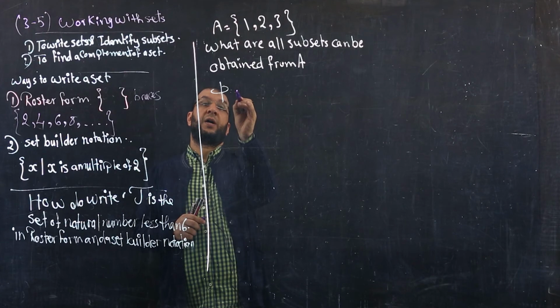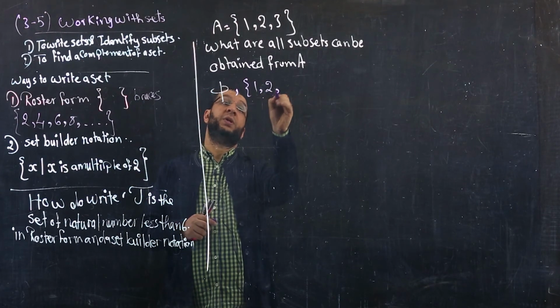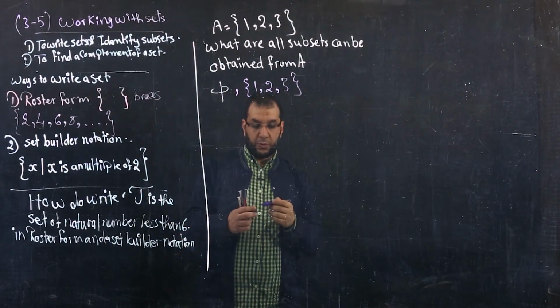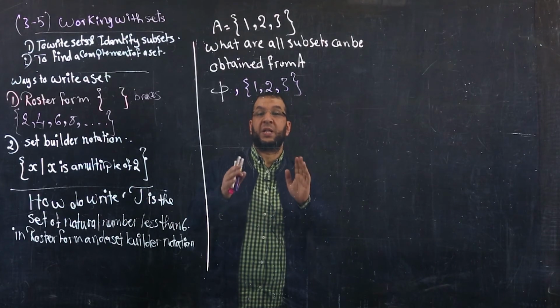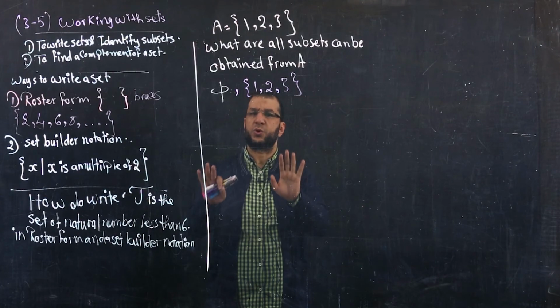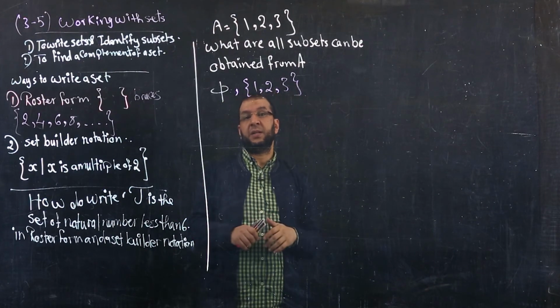So I will write 1, 2, and 3 as a subset of itself. So this is, as a rule, when I say write all subsets of a set, first of all start with phi and the set itself, the original set.